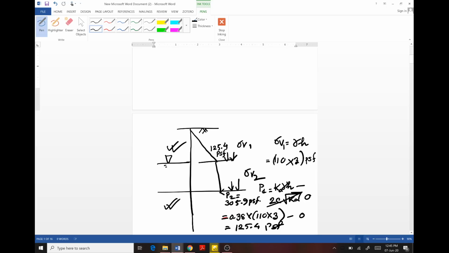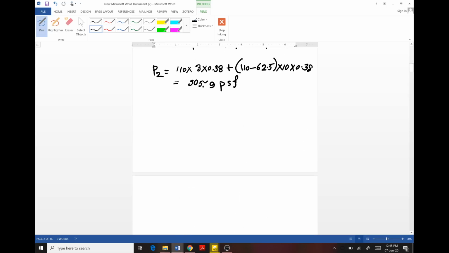Now, since soil stratification occurs from this point, the slope of the earth pressure diagram will also change. So let's take the earth pressure at point 2 as P3.